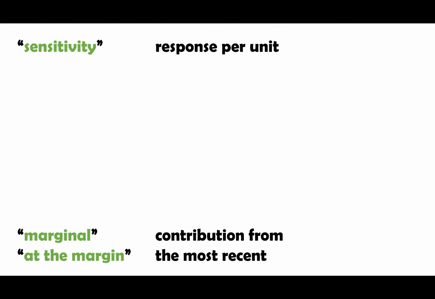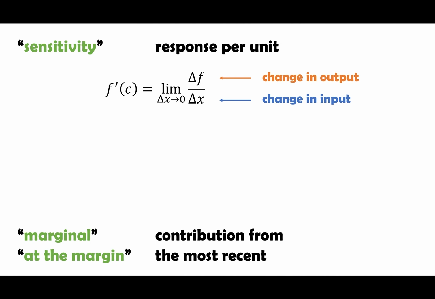Okay, let's see why both of these are a reasonable way to think about the derivative. Remember, the derivative is the limit of some quotients. And we can think of that quotient as being the change in output divided by the change in input, and then we're allowing the change in input that we care about to go to 0. Let's rewrite that limit as an approximation. Now, we're going to clear denominators.